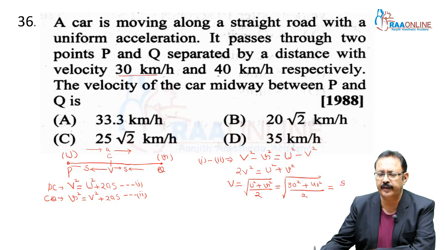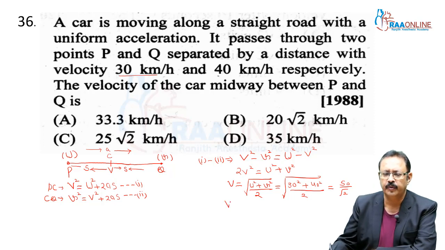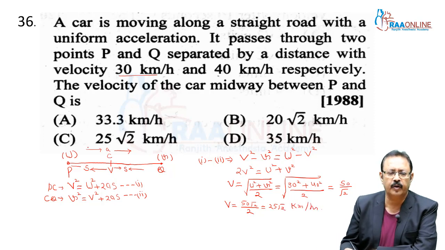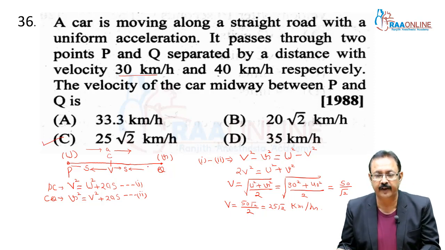So take 50 out of the root, multiply numerator and denominator by root 2, we will get 50 root 2 by 2, means 25 root 2 kilometer per hour. So we are going with option C, not with D, 35 kilometer per hour.